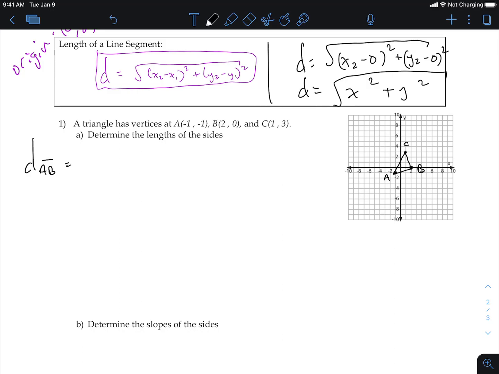I'm going to try and write a bit smaller. Instead of D, the side length of AB. D of line, so the distance of side length AB is the way that reads. So you're just going to use the equation above. You're just going to type it in. x2 minus x1 squared plus y2 minus y1.